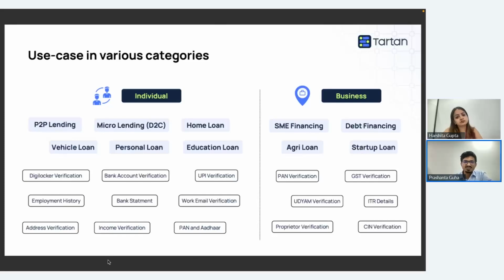Another simpler solution to this problem is that we directly integrate with all the leading HRMS systems that are used, and we can directly fetch income and employment data from them. Say any user comes to your application, you can authorize Tartan to get data from their HRMS system and give it to you.